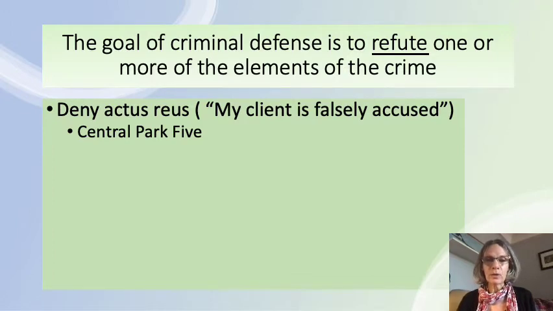It was due in part to the treatment by the police officials, who had coerced incriminating statements out of these boys, and they were found guilty and served between 5 and 15 years, depending on the individual. Then in 2002, somebody confessed to the crime, and they looked at the DNA evidence, and the DNA evidence indicated that, in fact, the DNA was of this individual who confessed to the crime, and the Central Park 5 were exonerated.